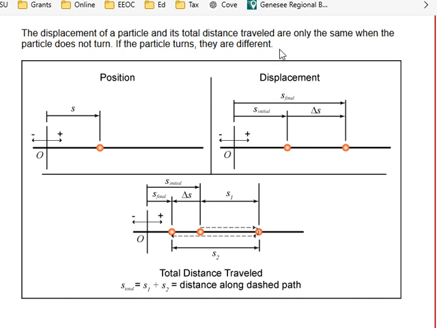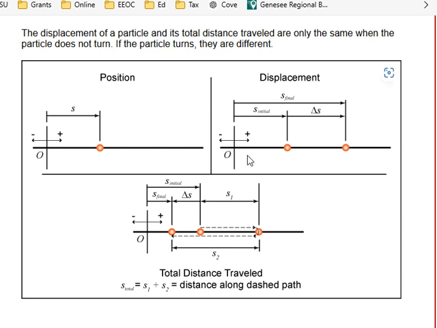Of course, if we go with the formally written text, then you may have issues understanding it. So make sure you draw your own diagram to be able to understand these two dynamics terms: displacement and total distance traveled.